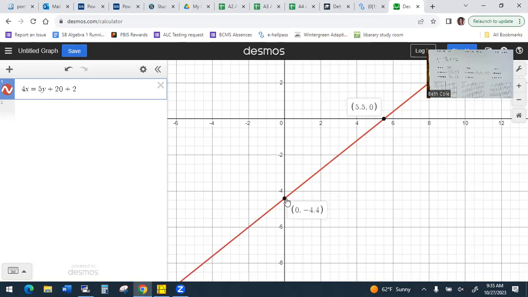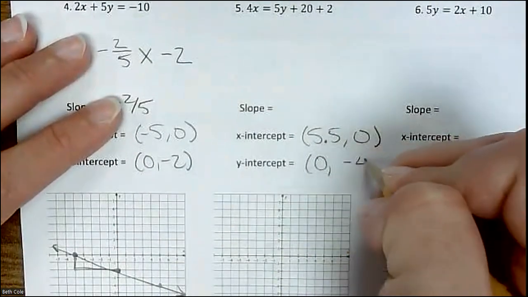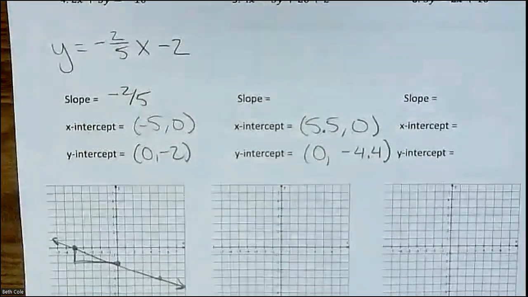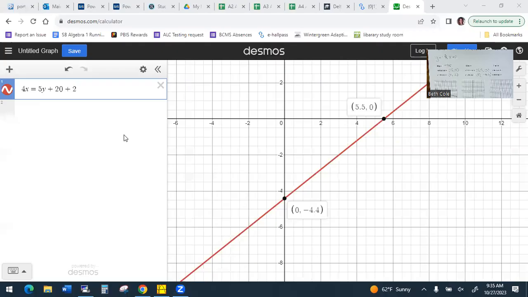And then here, look at this one. What is that one? -4.4. All right, so you're going to put 0 comma -4.4. Now, real quick, let's say you're taking the SOL and instead of -4.4, they have a fraction instead of a decimal. Can you look? Because this is how you can get it to tell you the answer.